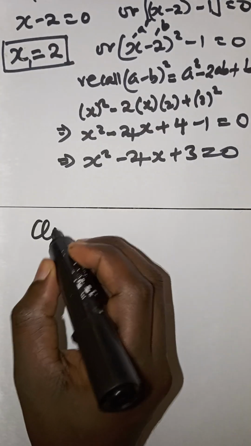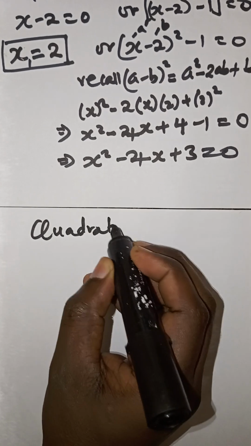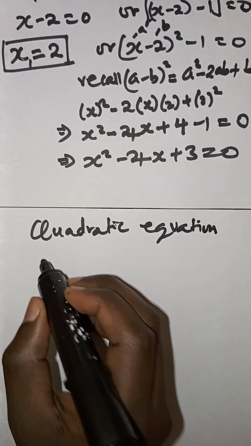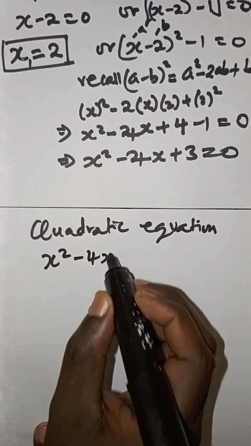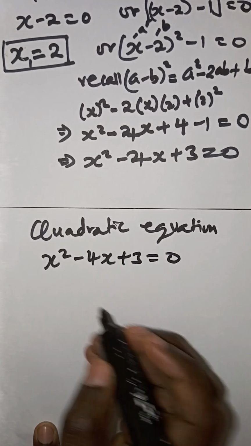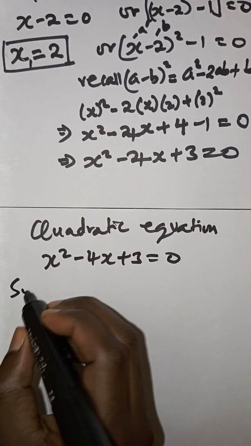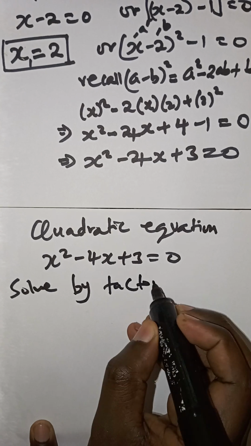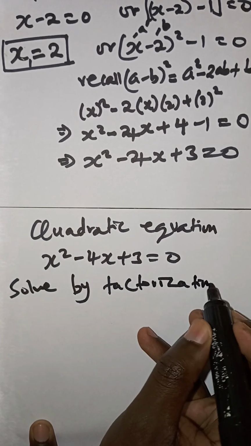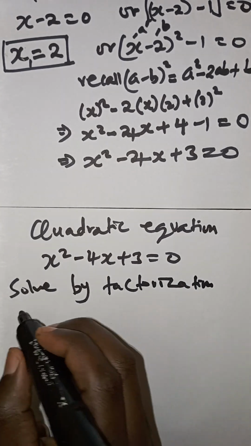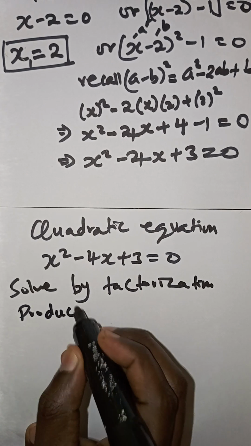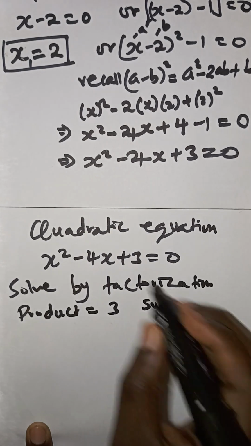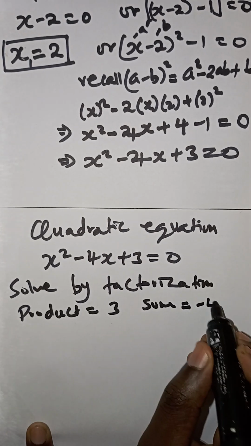Then this is a quadratic equation. x² − 4x + 3 = 0. I want to solve it by factorization. I know that the product is equal to 3 and the sum is equal to negative 4.